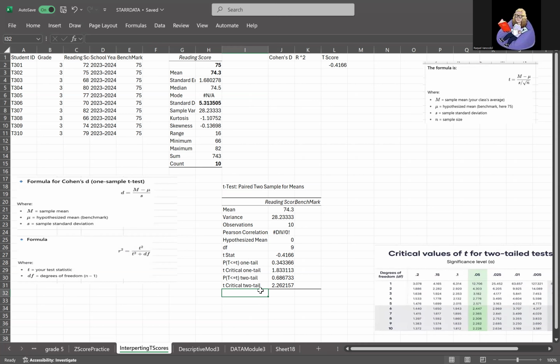Then we can actually use the Cohen's d formula to help us calculate how big the difference is in terms of standard deviation. I have the Cohen's d formula here, and we're going to calculate that.